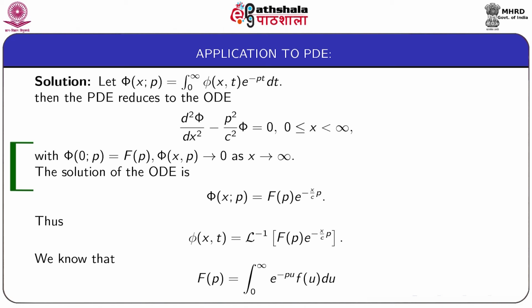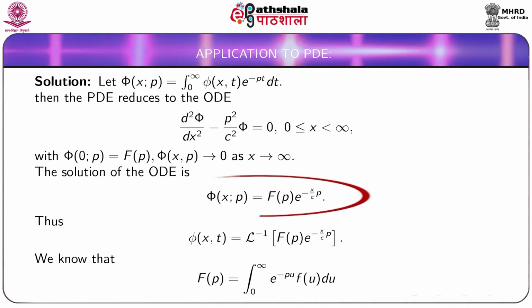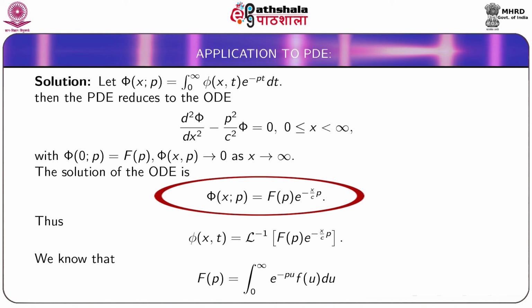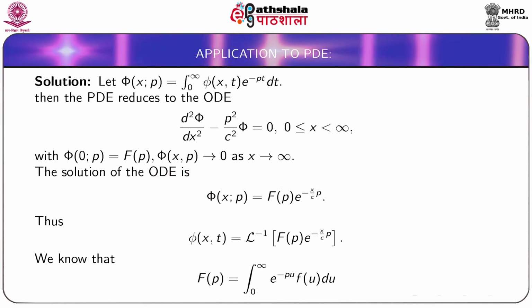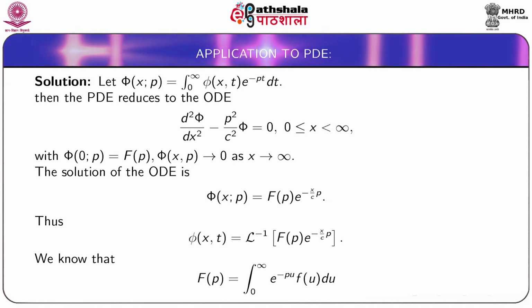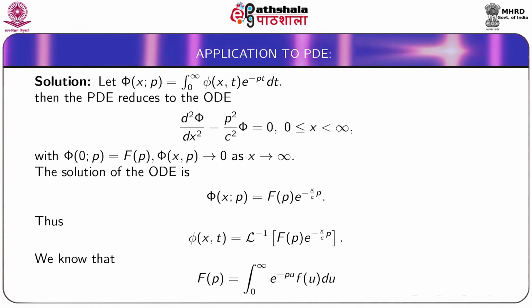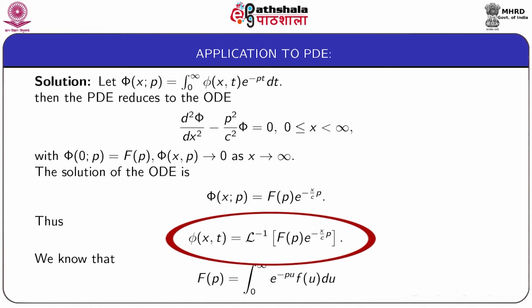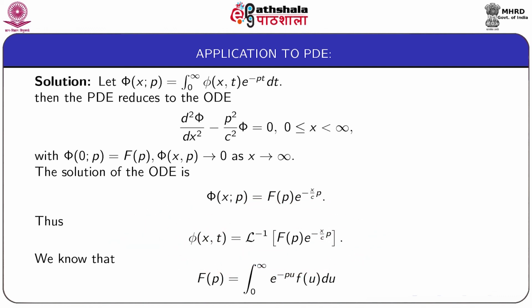With the boundary conditions, the solution of this ordinary differential equation can be written as capital Phi(x,p) is equal to capital F(p) e to the power minus x by c into p. Now taking the Laplace inverse of capital Phi here, we obtain small phi(x,t) equal to Laplace inverse of capital F(p) times e to the power minus x by c into p.